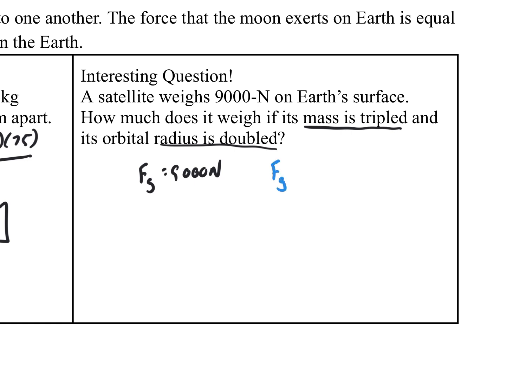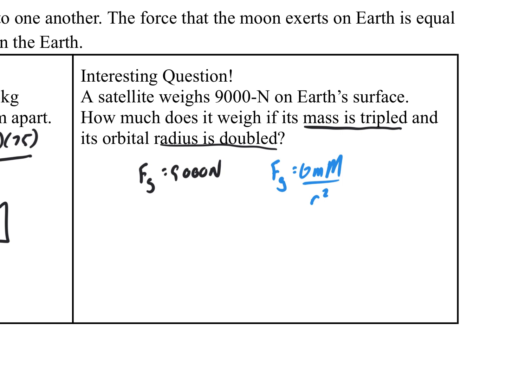We know that the force of gravity is big G, M, and I'm going to do this way on purpose, I wrote a big M and a little m. What I'm talking about here is when we have these kinds of questions, we're looking at the big M as being the gravity-producing thing. So in this case, it'd be the Earth.